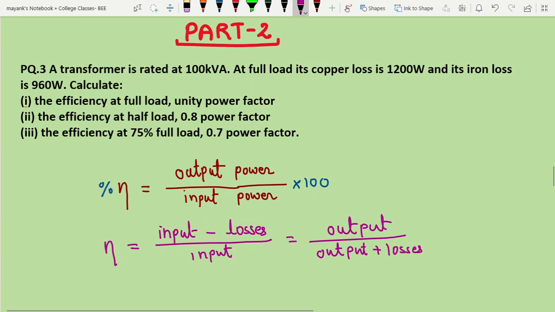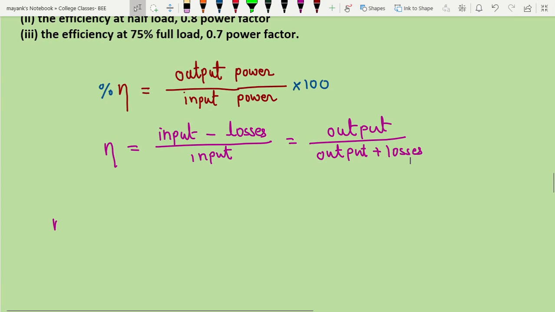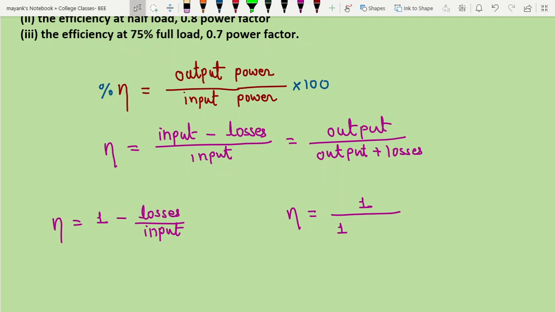Further you can solve this as input by input, so it will be 1 minus losses upon input. From here, efficiency will be equal to, if I take output common, 1 upon 1 plus losses upon output.